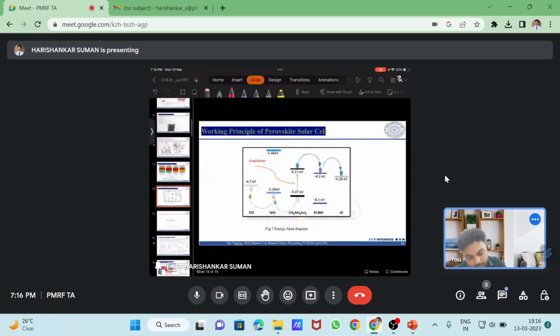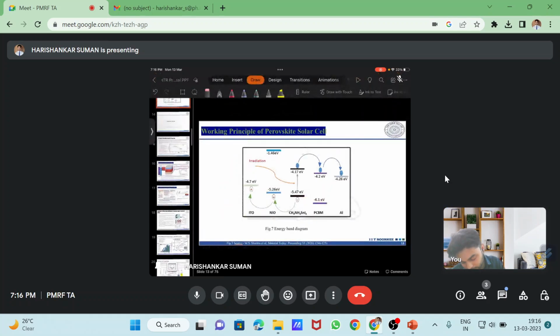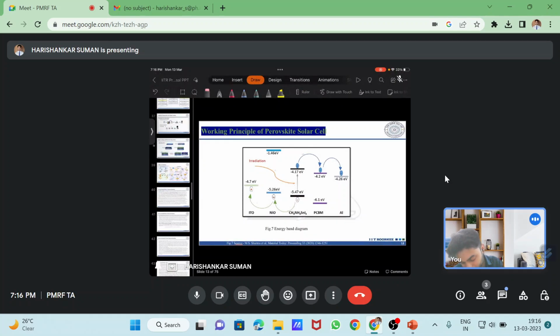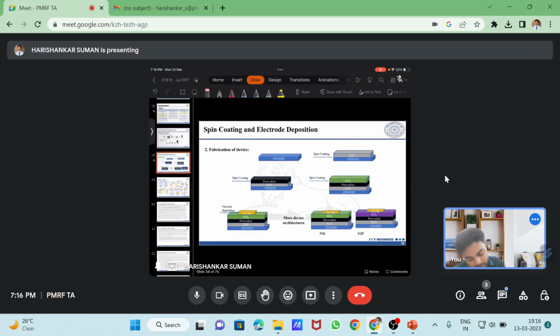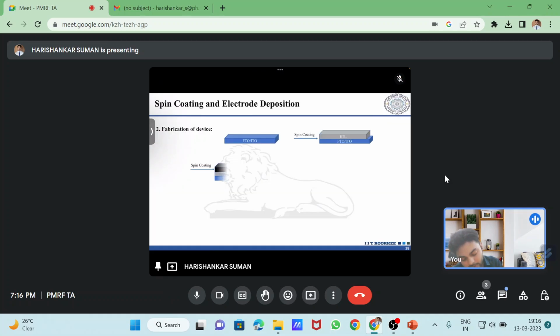And here is the working principle of perovskite. Let me show you what the structure is and how it is made. First is FTO, then spin coating of the electron transport layer, device fabrication like that.